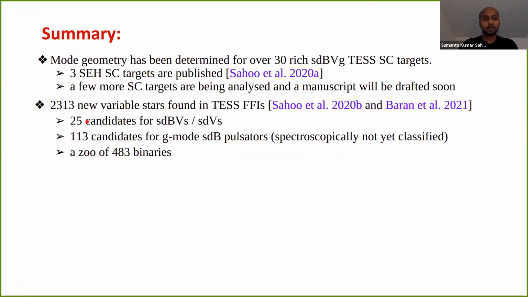And in the FFI survey, we found more than 2,300 variable stars, out of which 25 are spectroscopically classified SDB or SD stars and show pulses and peaks in the G mode, and around 113 show clear pulses and peaks, but we need to do the spectral classifications for these targets.